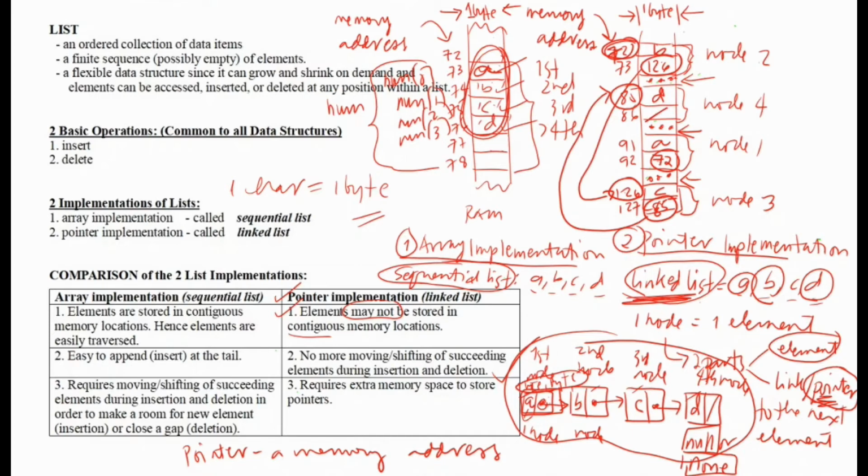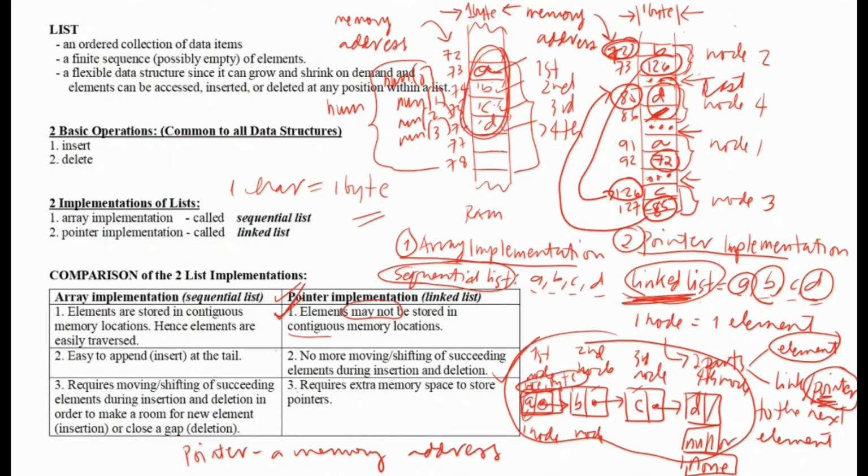Okay, so the value in here is not any of the valid memory addresses, since that is null, meaning it doesn't point anywhere because element D is the last element. There is no next element after D, so the pointer here is null.